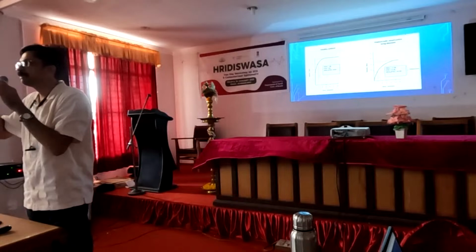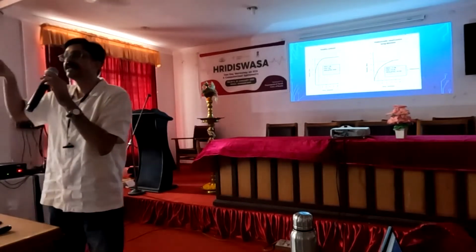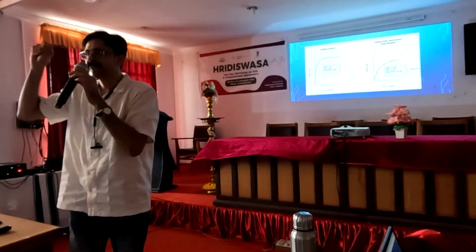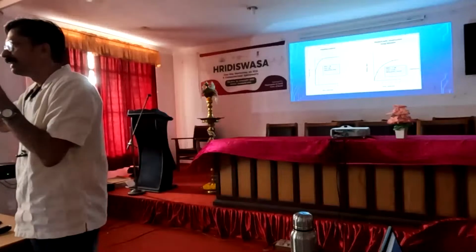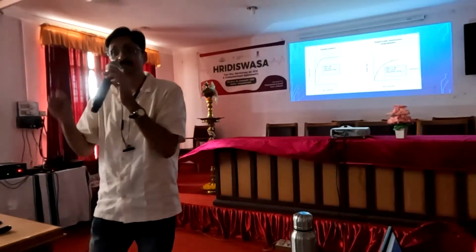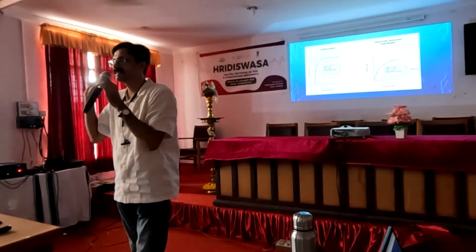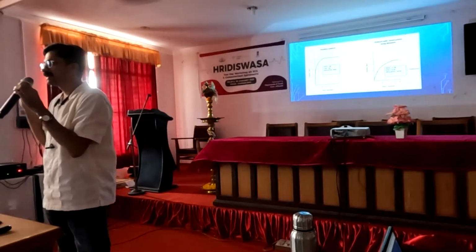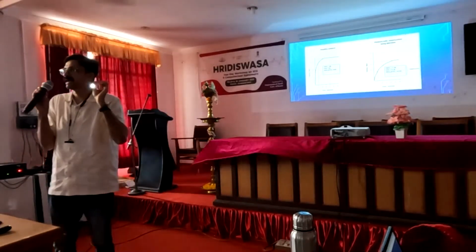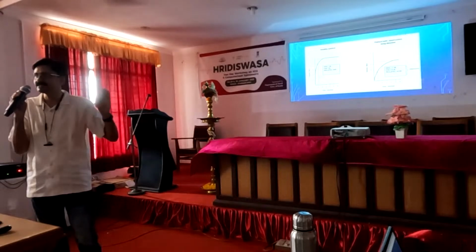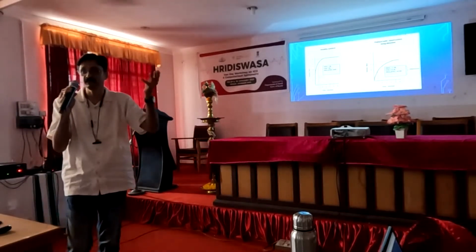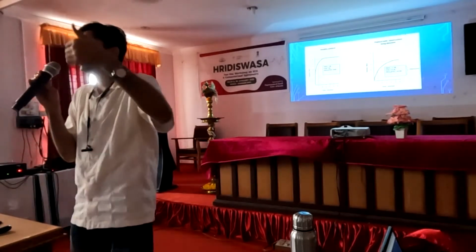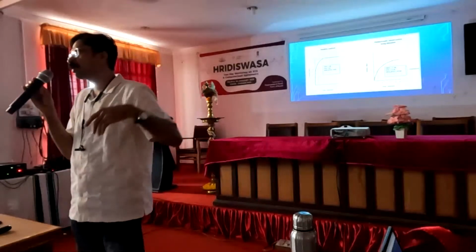FEV1 divided by forced vital capacity into 100. FEV1 is 4 liter, forced vital capacity is 5 liter, so the percentage is 80%. That is a normal healthy adult. We know FEV1 is 83, so 80 to 85 comes under the normal range.